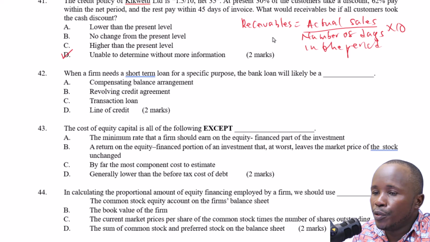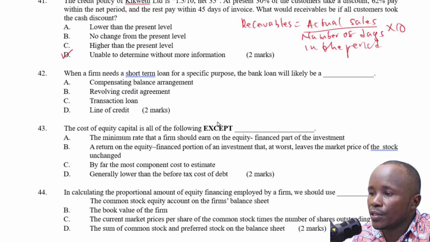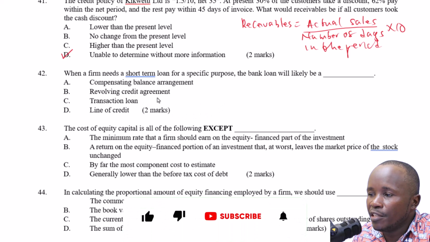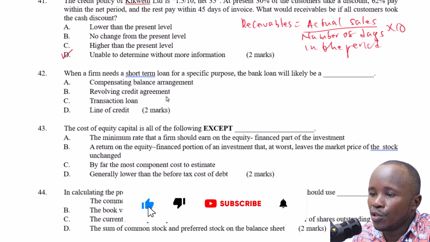We move on to question number 42. When a firm needs a short-term loan for specific purpose, the bank loan will likely be what? You need a loan for a specific purpose. Then compensating balance arrangement, revolving credit arrangement, transaction loan, line of credit.